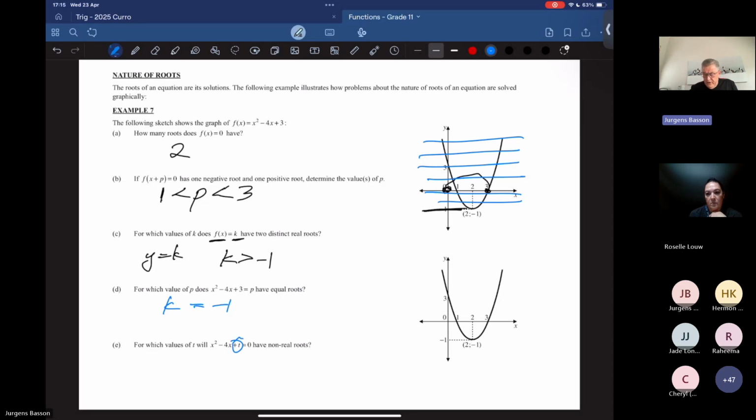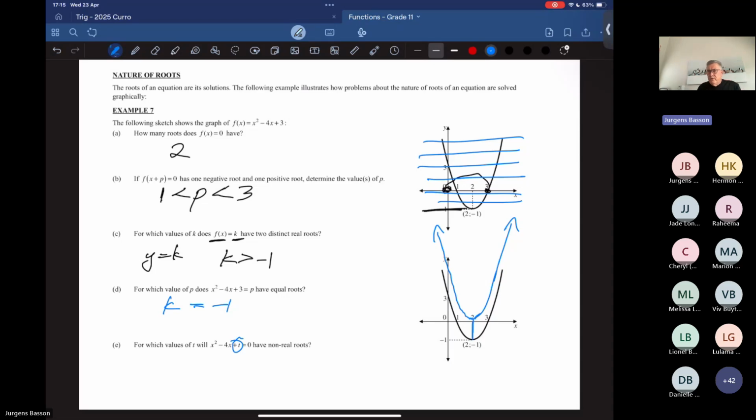So for the roots to be non-real, it means this parabola must move that 1 unit up so that this graph does not touch the x-axis. As you can see, there are no roots now. This graph and the x-axis do not intersect. So that is the whole argument. How far must you move this graph up so that it will be above the x-axis?